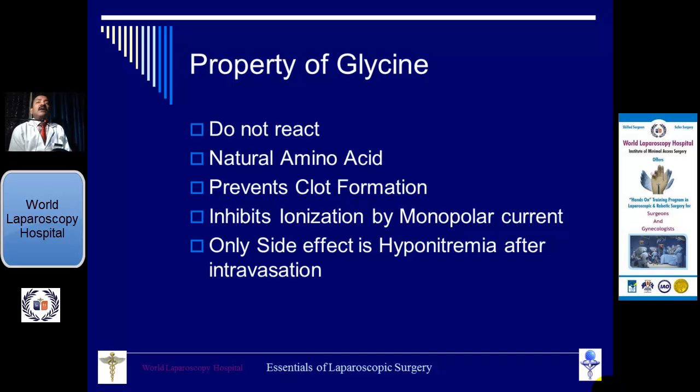But there is one drawback, that it creates hyponatremia. And hyponatremia means through the loop of Henle of the kidney, it will push the sodium out, and the sodium will decrease in our serum. And what will happen? Now my question is, what is the first sign of hyponatremia?